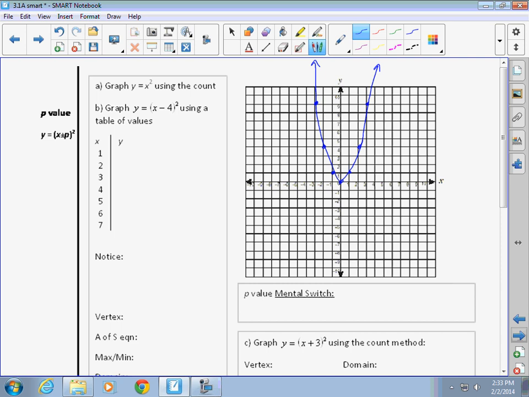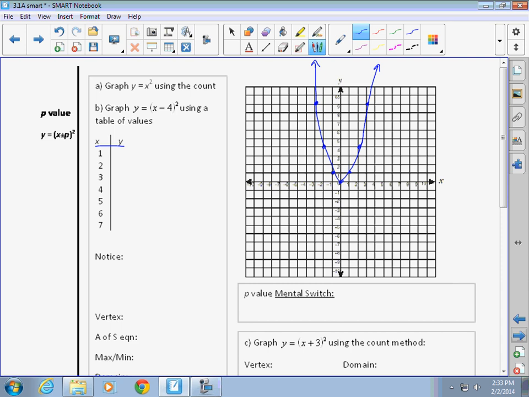Okay. So now we're going to try one with y is equal to x minus 4 squared using a table of values. So we're going to see what happens when we use something inside the bracket. The p-value is being added or subtracted to the x term before we square it.